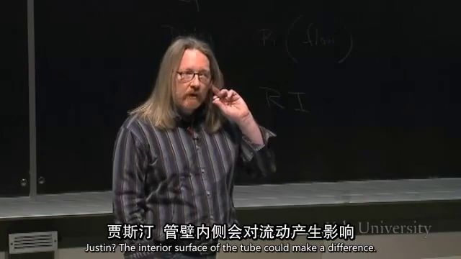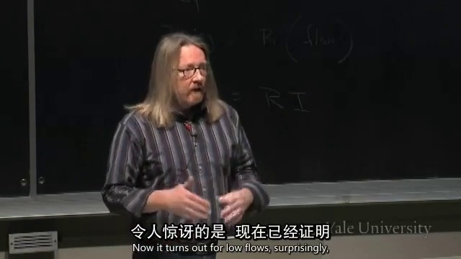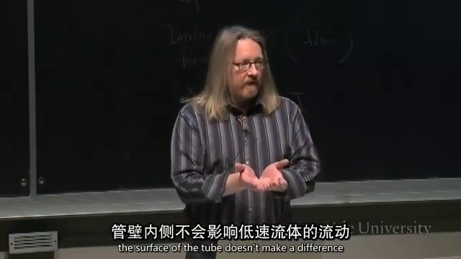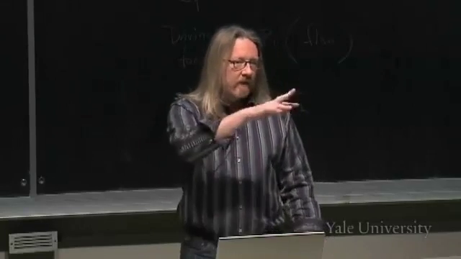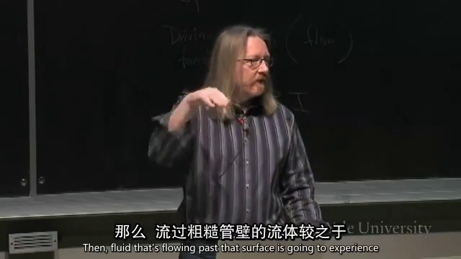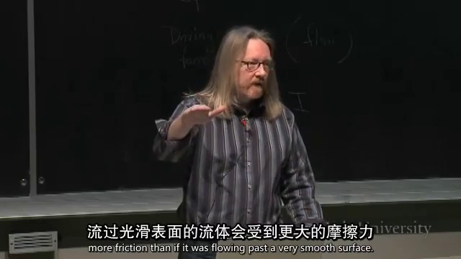The interior surface of the tube could make a difference. Now, it turns out for low flows, surprisingly, the surface of the tube doesn't make a difference if the flow rate is below a certain level. You're thinking about, what if the surface of the tube is rough? Then fluid flowing past that surface is going to experience more friction than if it was flowing past a very smooth surface.